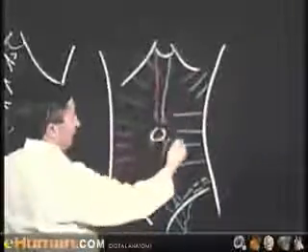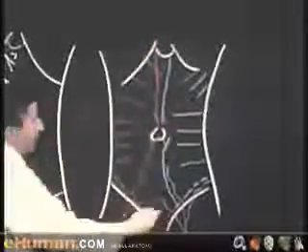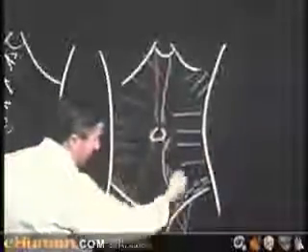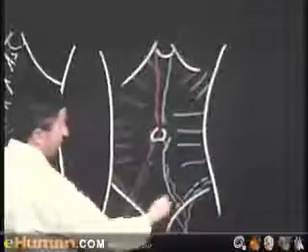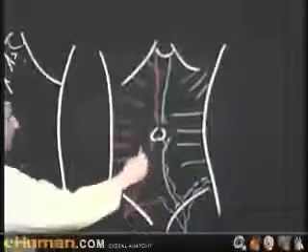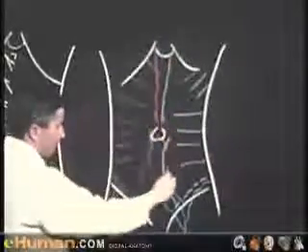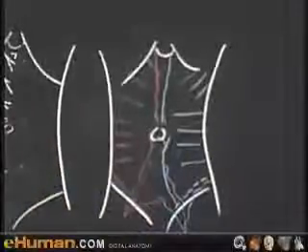So we have then contributions which drain into the superior vena cava and the inferior vena cava. The lumbar veins going into the inferior vena cava, and of course the inferior epigastric vein ultimately going into the inferior vena cava by the external iliac vein. And so it's not surprising then that these veins would become enlarged if the superior vena cava was blocked or the inferior vena cava was blocked.